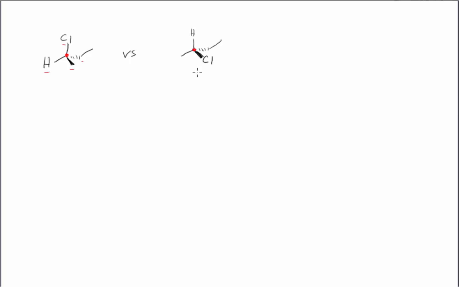And there's a couple different ways we can establish this. I'll look at a few of them with you. The first one is to observe that there is free rotation around this CC bond. The bond from the stereocenter to the ethyl can be rotated. And if we rotate that a third of a rotation, right, the chlorine will be pushed down.